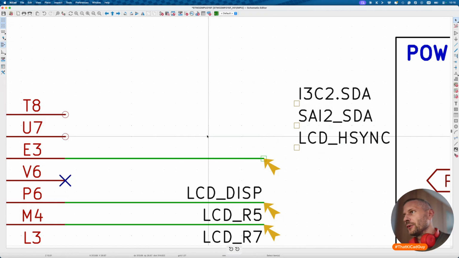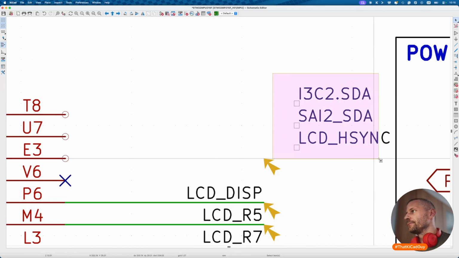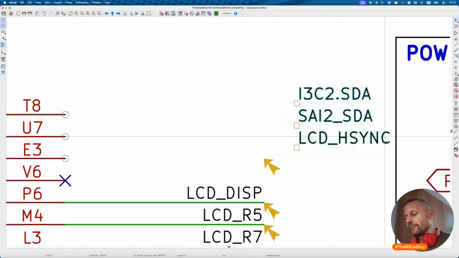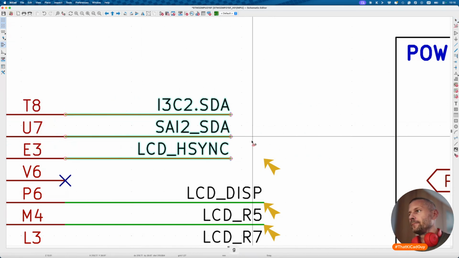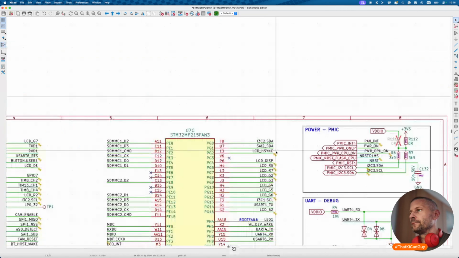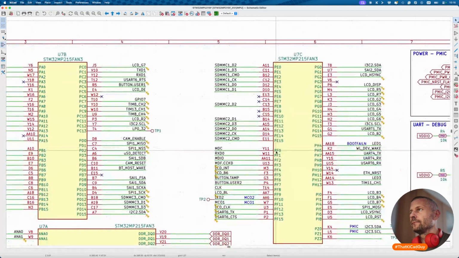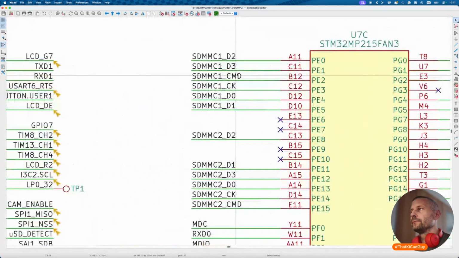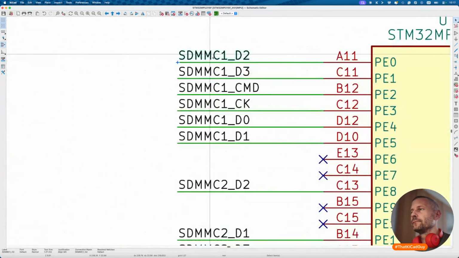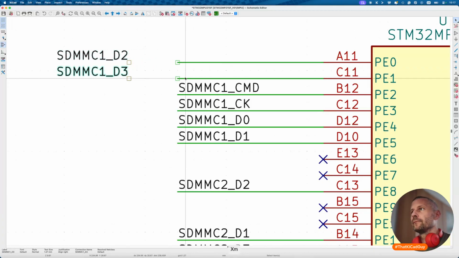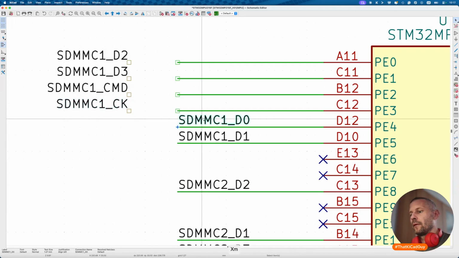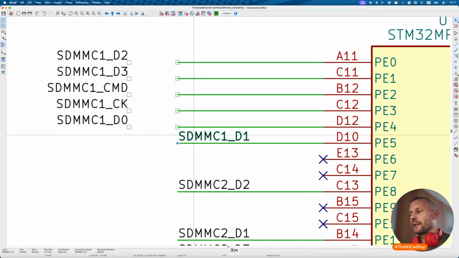So I have to delete and redraw all the nets and labels.